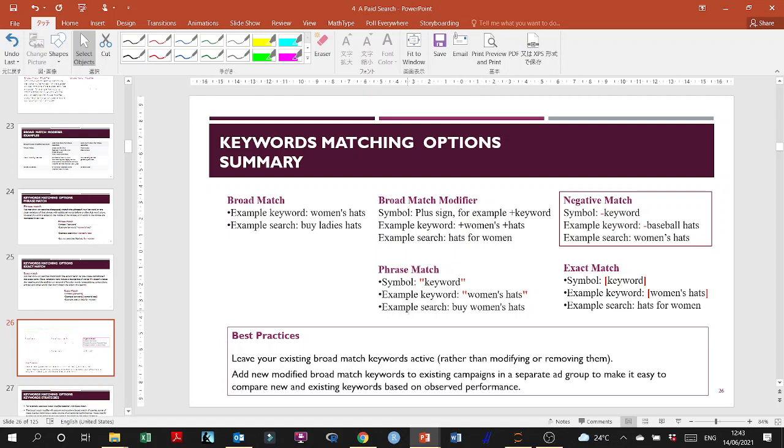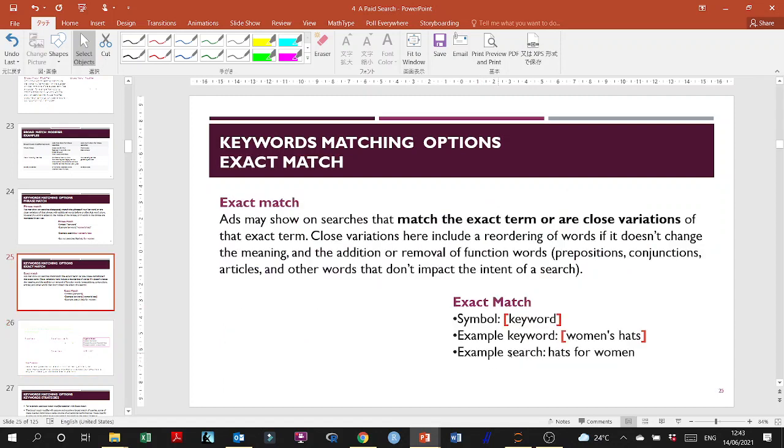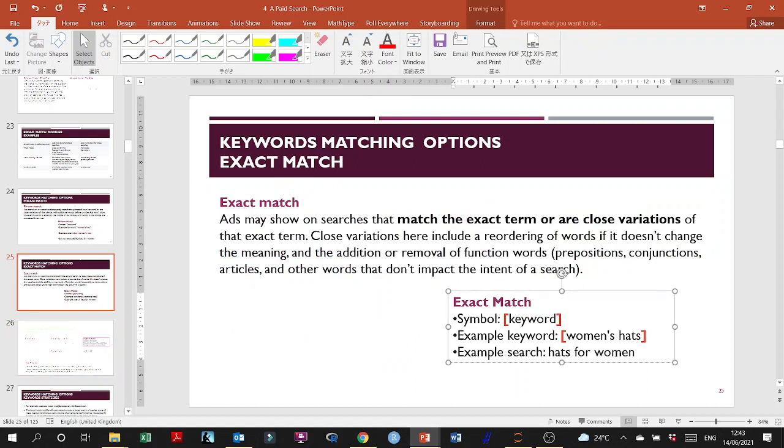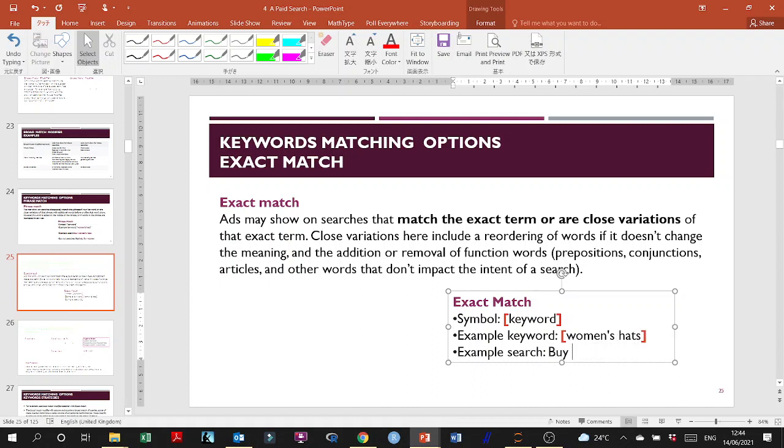Yeah, this will show, and this will not show. For exact match, an example is woman's hat, it's going to be something like buy woman's hat. So sorry. I think your slide set shouldn't have a problem. This slide set, I fixed this earlier.